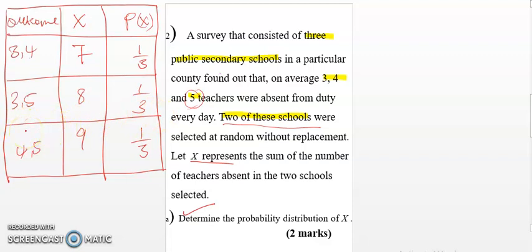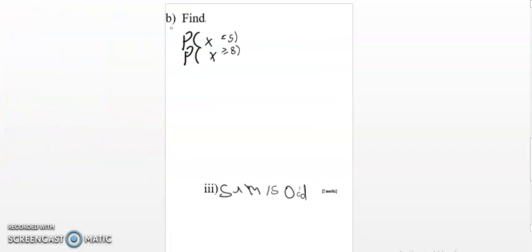So this is what we have in the first question. Let's consider the second question in this problem. We are to now find the probability of x less than 5.